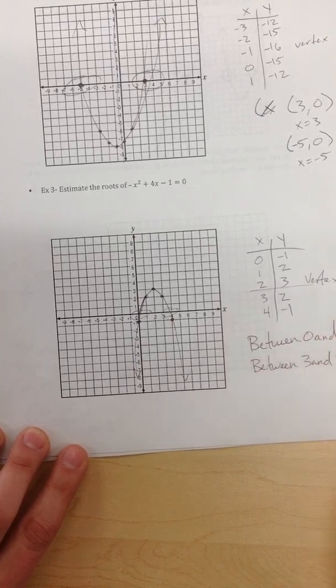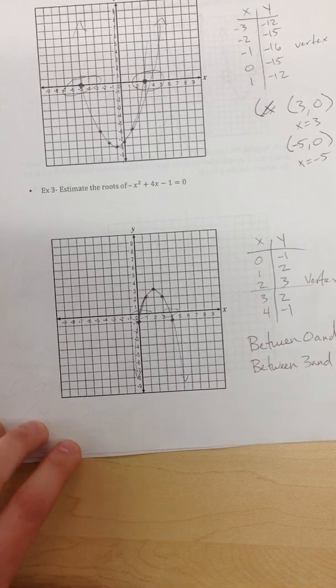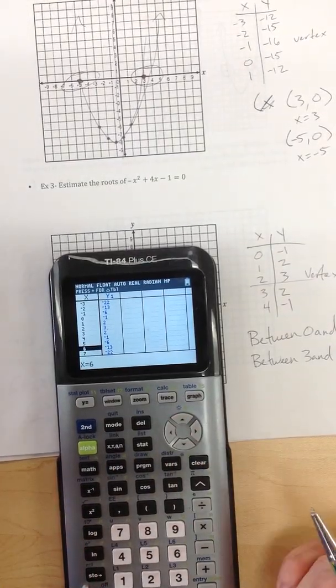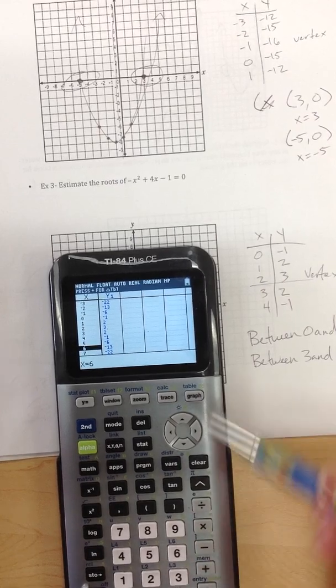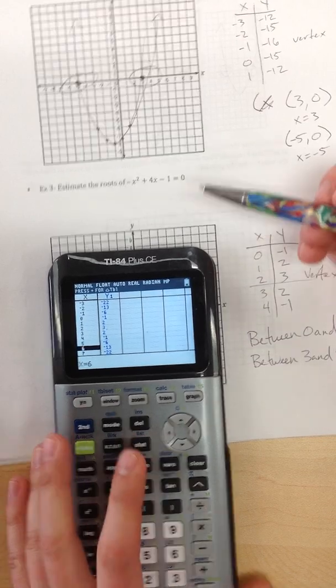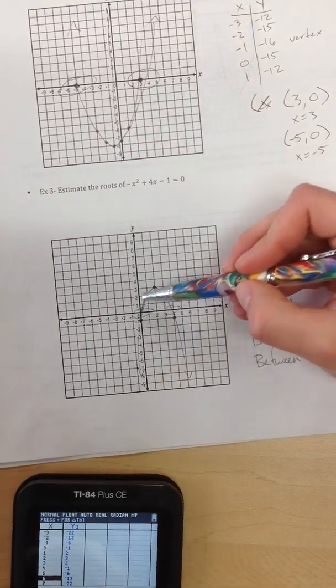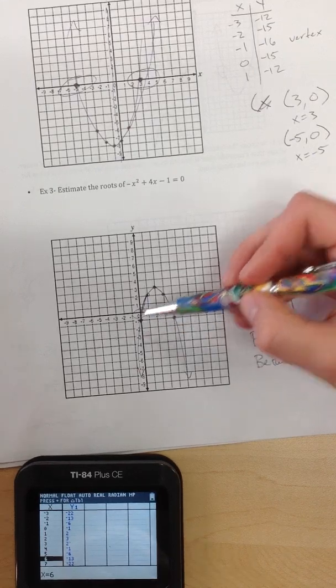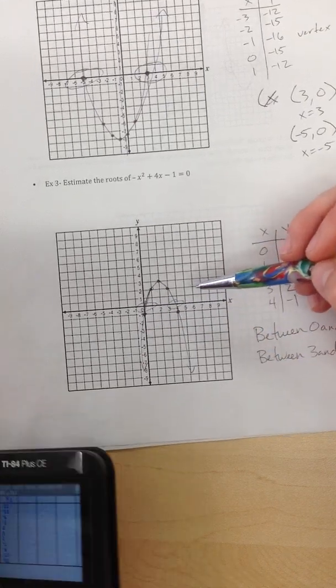Okay, now if you weren't sure on that, you could also use your calculator here. One thing you can use is the table, looking to see where it switches from positive to negative. Positive would be up here, negative would be down here. So if you switch from positive to negative, you're crossing over the x-axis.